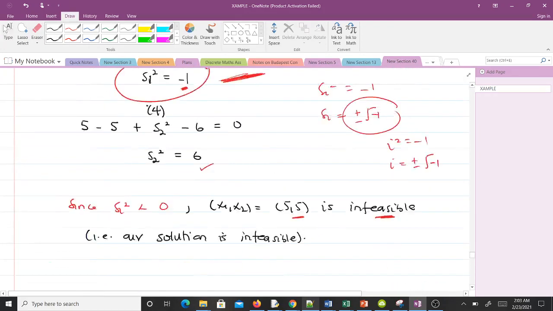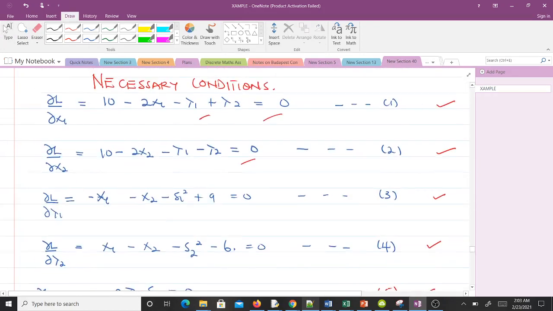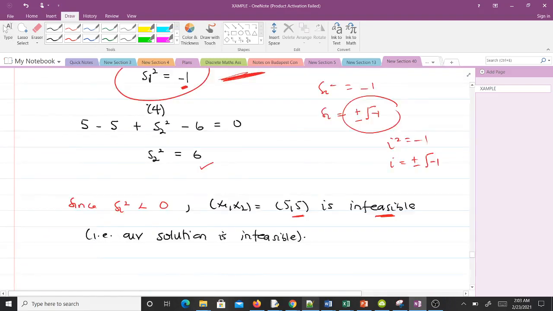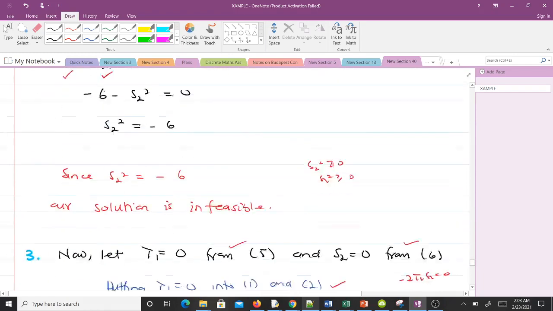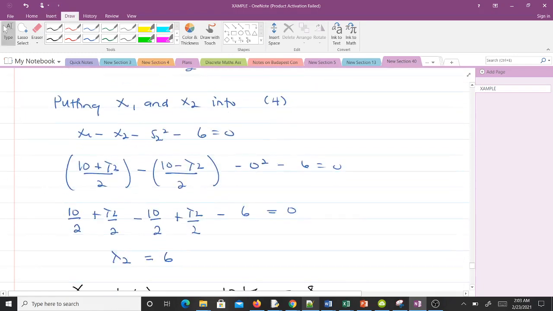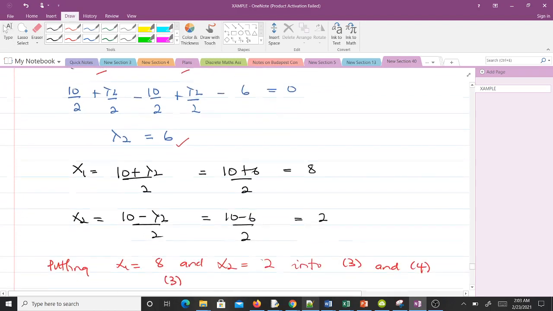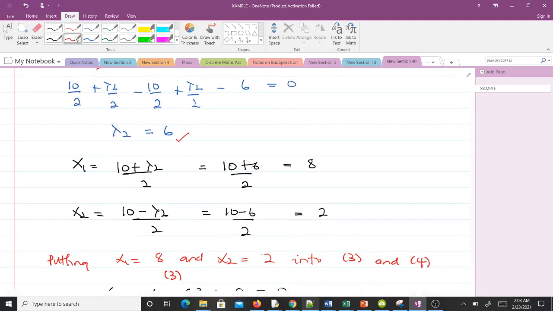Yes, this is equation 4. So this is that, and this is that. If you put that in, you're going to get lambda 2 to be 6. That means from there we can compute the values for x1 and x2. So we had x1 to be 8 and x2 to be 2.